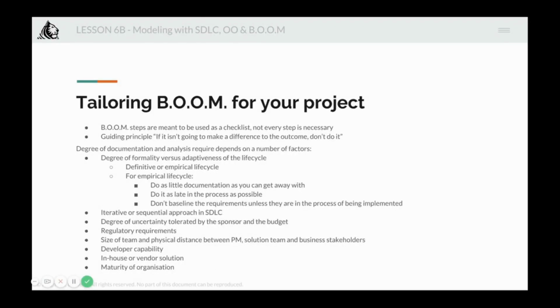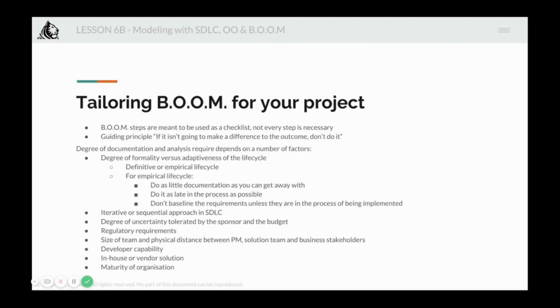Then the degree of uncertainty tolerated by the sponsor, and the budget. Sponsor here basically means the business team or the person who is sponsoring or backing the project. What is the degree of uncertainty that the sponsor is comfortable with, and the budget that you have? If there is a regulatory requirement, you would need to do certain things very clearly. You'll have to outline those requirements much ahead.